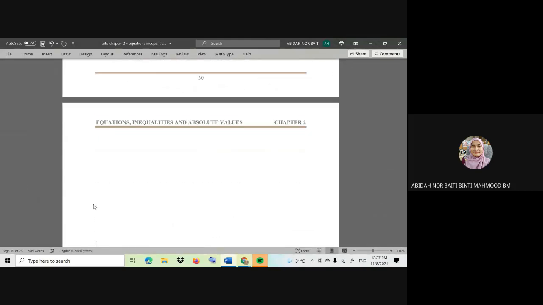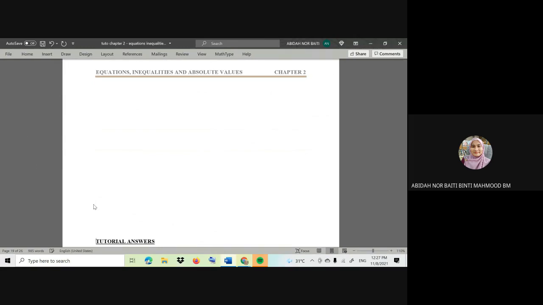Tak ada ya. So, kita recall back inequalities. Okay. For inequalities, for linear inequalities, what method we use to solve? Linear. Kita guna number line. Okay. For quadratic inequalities, graphical method ya.